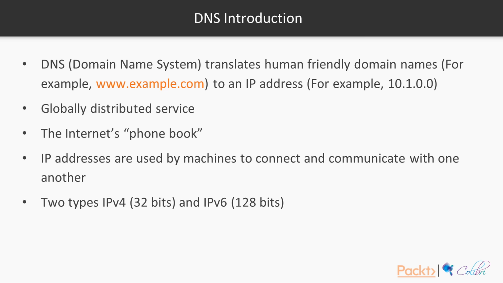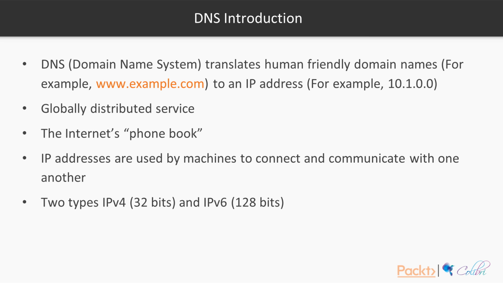IP addresses are used by machines to connect and communicate with one another, and there are two different types of IP addresses that are currently supported. So we have IPv4, these are 32 bits, and IPv6, which are 128 bits.